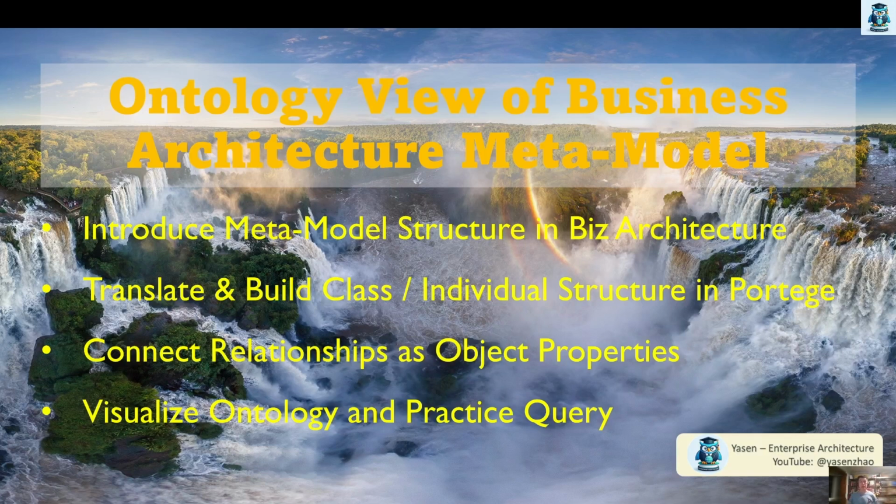When you analyze this meta model file, I will try to show you how to translate those concepts to our class and individual hierarchy structure in Protege. That is the starting point for thinking about our ontology. First, you need to distinguish what will be defined as a class, what will be defined as an individual, or, if it is complex enough, a subclass.